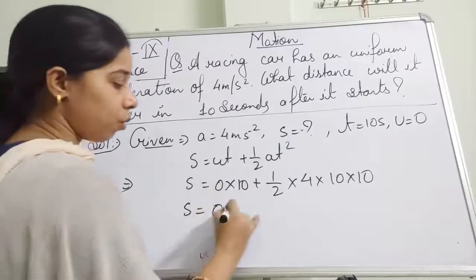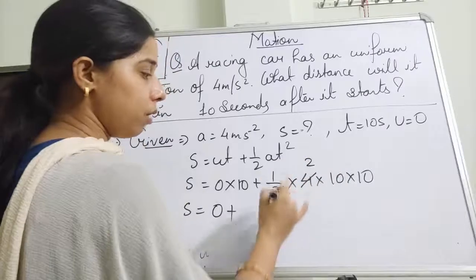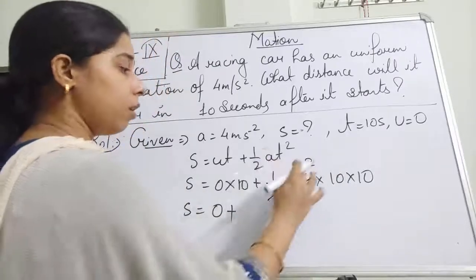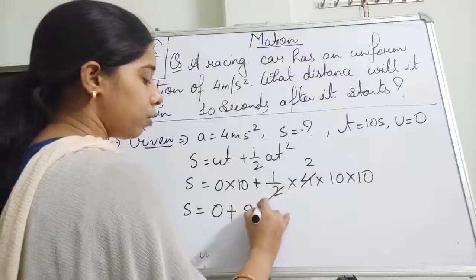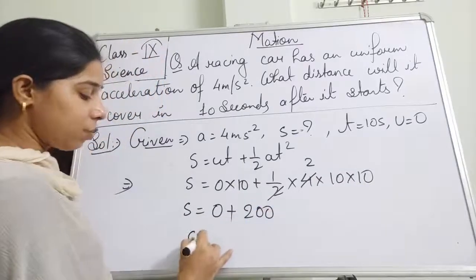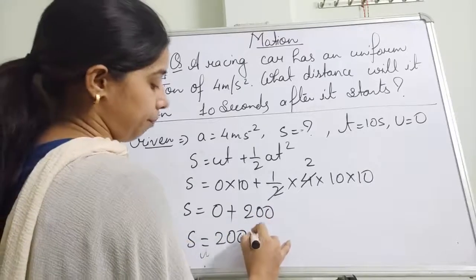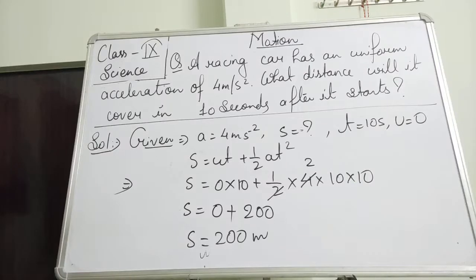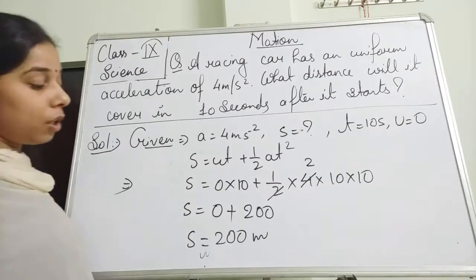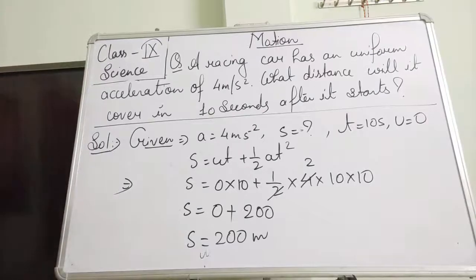So it will be 0 plus, the 2 will cancel, it will become 2 into 10, 20 into 10, 200. So S will be equal to 200 meter. So here we get that in 10 seconds it will cover 200 meter distance.